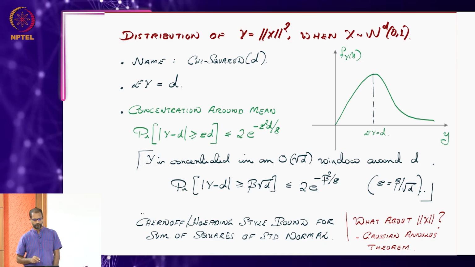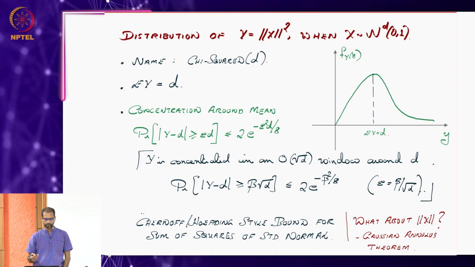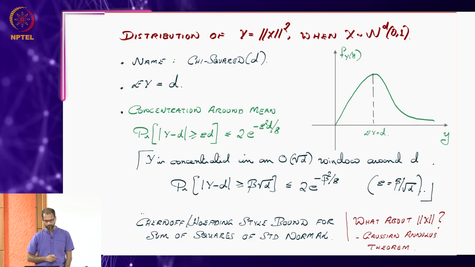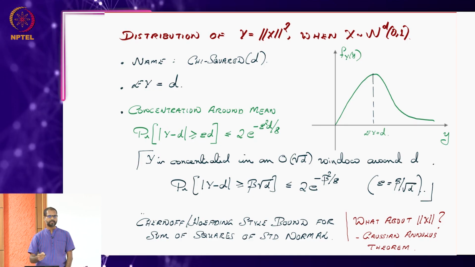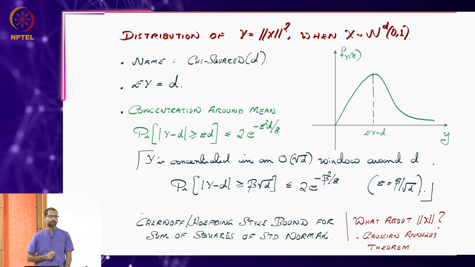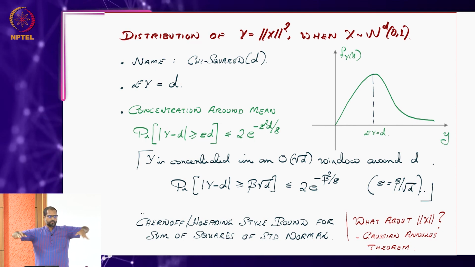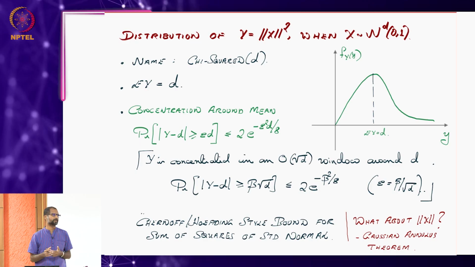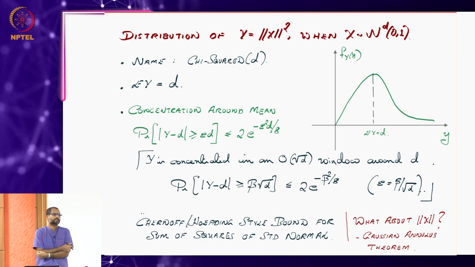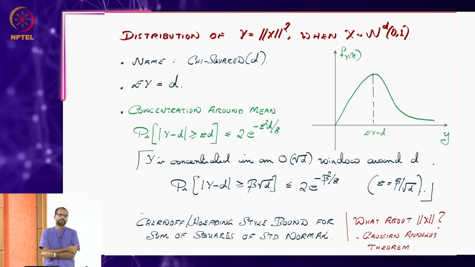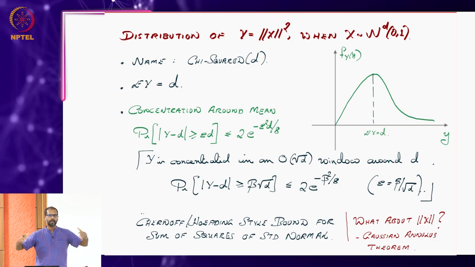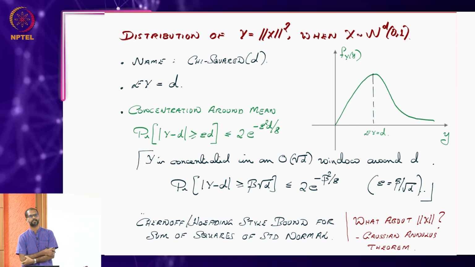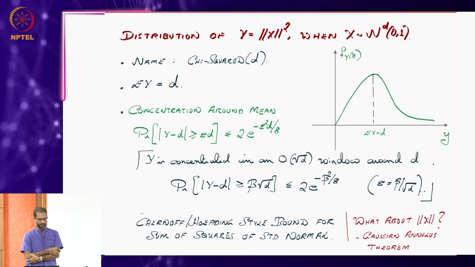We already know the name of this resulting distribution, chi-squared with d degrees of freedom. We know its expectation, which is d. What I am interested in now is to quantify the fall, quantify the slope of this curve, quantify how fast this distribution tapers down once you move away from the mean, or equivalently how much of the probability is concentrated in a small window around the mean.